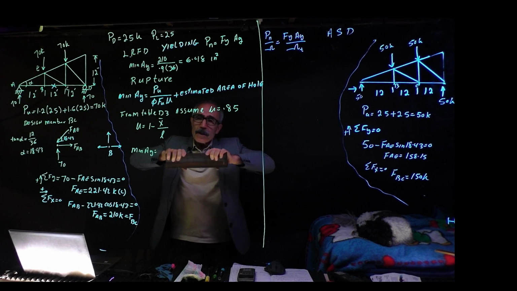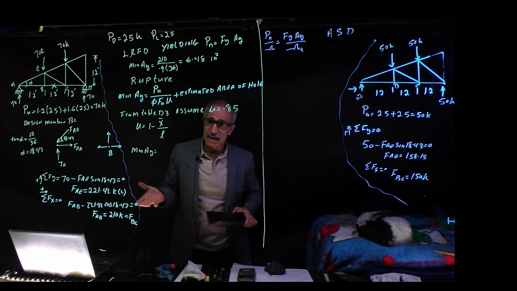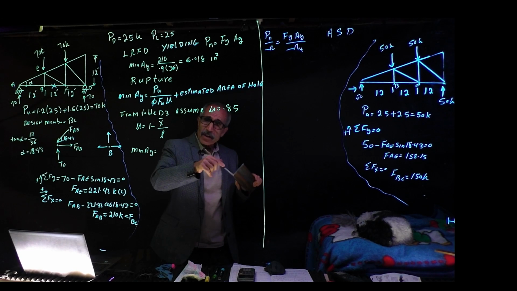That means if I pull this apart, what force will it take to go beyond the yield force. The yield stress is 36 ksi or 50 ksi, whatever it's going to be, and that's based on the gross cross-sectional area.